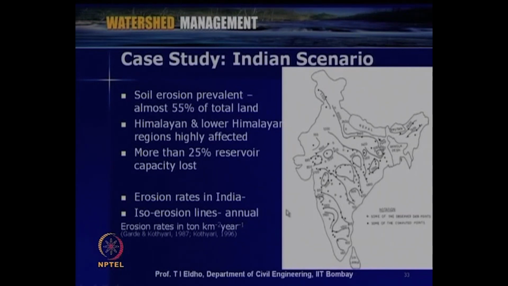Here this figure shows the iso-erosion lines. The unit is the erosion rate in ton per square kilometer per year. You can see that here, for example, it is 1000, here it is 1500, and in the Himalayan regions it is much higher.